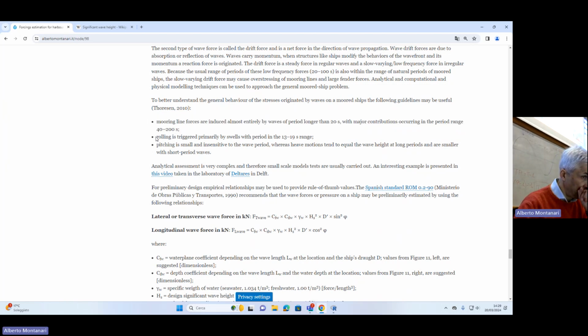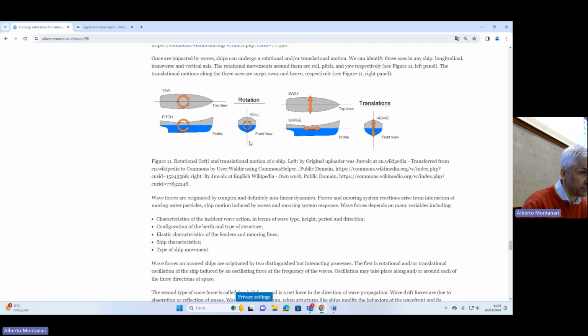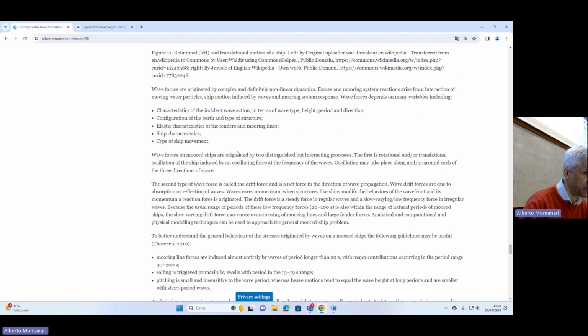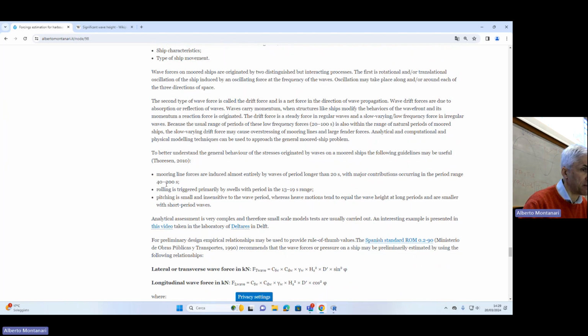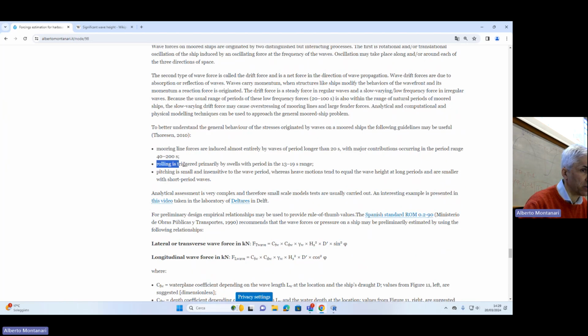Rolling, it's here, okay? Rotation along the longitudinal axis. Rolling is triggered primarily by swells in the 13 to 19 second range. This is quite understandable if you think about rolling.